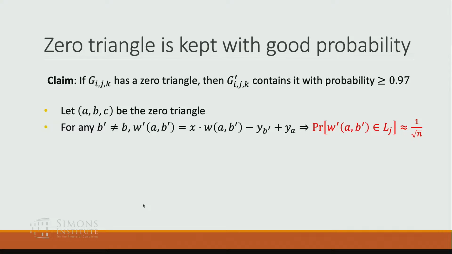Notice that this y_B prime is a fresh random variable. It's completely independent of the fact that ABC is in the graph G_ijk. So the new weight w prime AB prime is completely random. So the probability that it's in the range L_j is roughly 1 over square root n, because we have square root n ranges of roughly the same sizes.